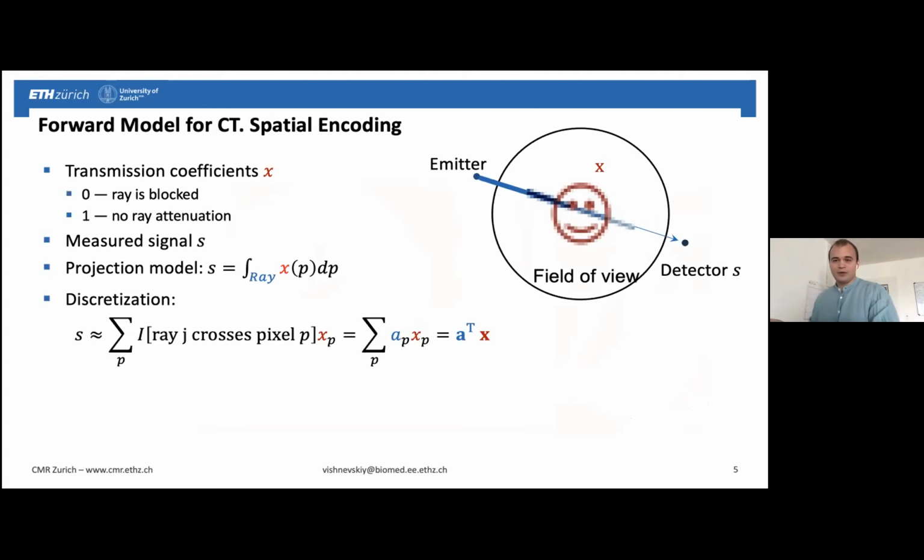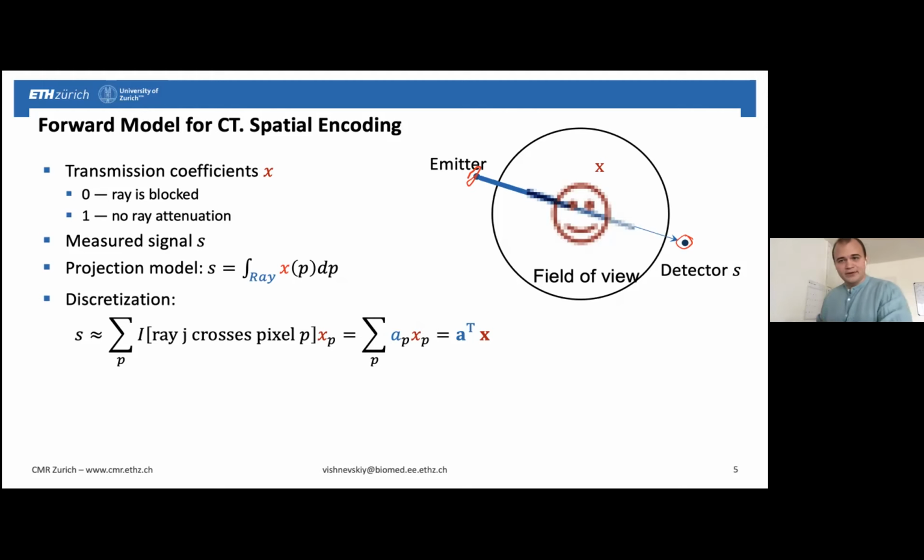If we consider only one ray that is emitted from here and is detected at this point, the measured signal is equal to the integral of the attenuation coefficients along the ray. And those coefficients form the image that we would look at.